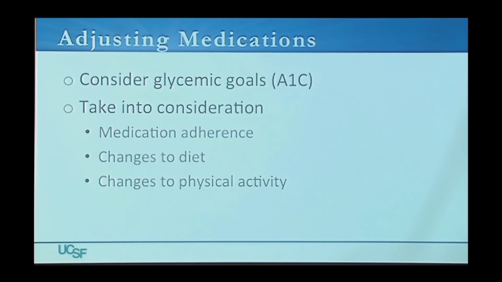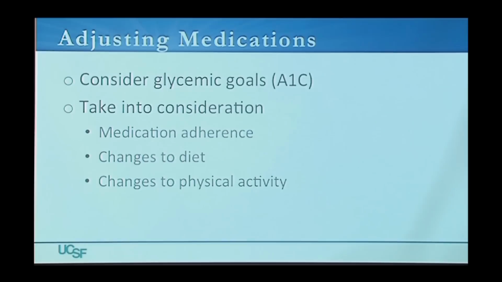And at any time we look to adjust your treatment or to adjust the medications, we're always going to come back to a couple of things. Looking at your A1C goal. What is your current A1C and where do you need to get? And also looking at you as a whole.